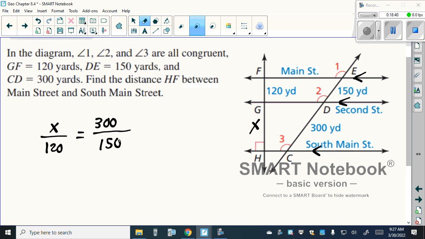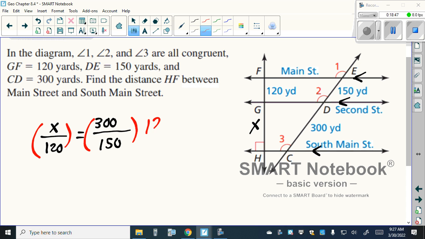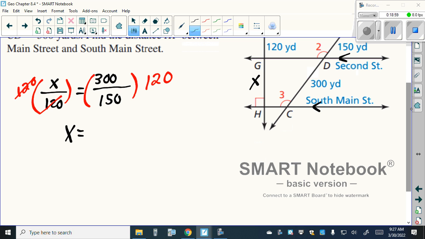And then we would have 150 on bottom. At this point, we can multiply both sides by 120. And here the 120 and 120 will cancel out. And now we just need to multiply 300 over 150 by 120.